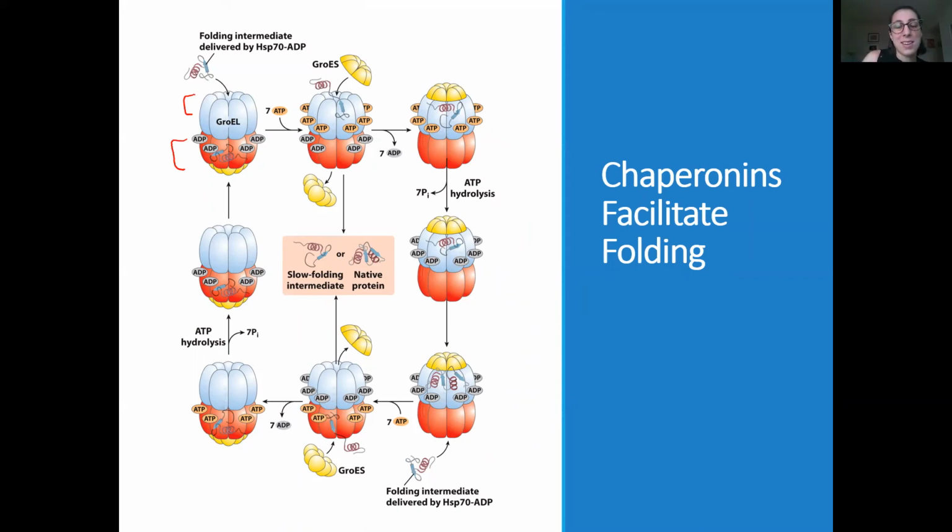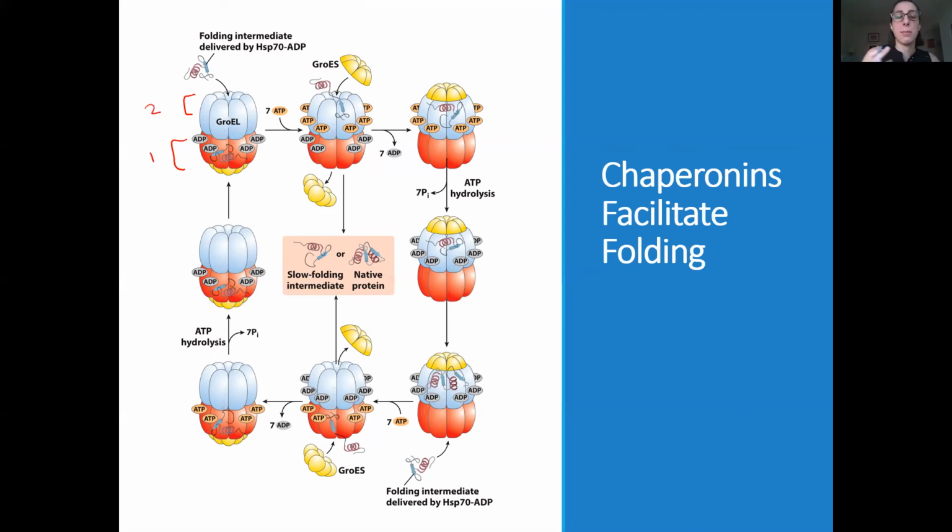They're represented here in a cartoon version, but they're made of lots of polypeptide chains, which are interacting in some type of quaternary structure. And they have multiple subunits that then form this main complex. But looking at it in this cartoon form, we can think of this as one complex on the bottom and another complex on the top.